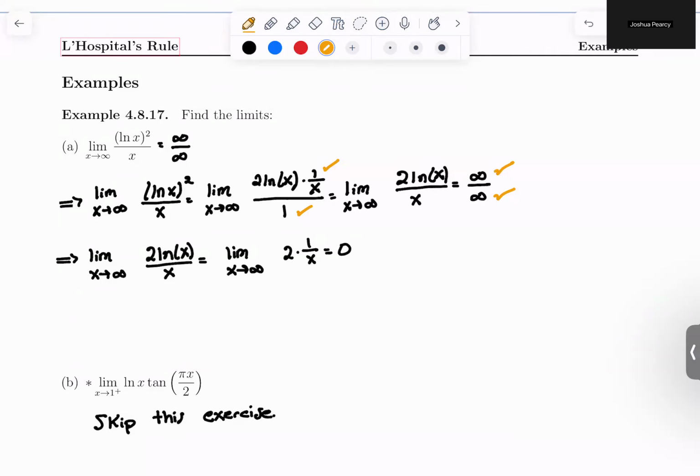So this is just the limit as x goes to infinity of 2 times 1 over x. But that goes to 0 because the limit of 1 over x as x goes to infinity is 0. So that implies that the limit as x goes to infinity of ln of x squared over x is 0.